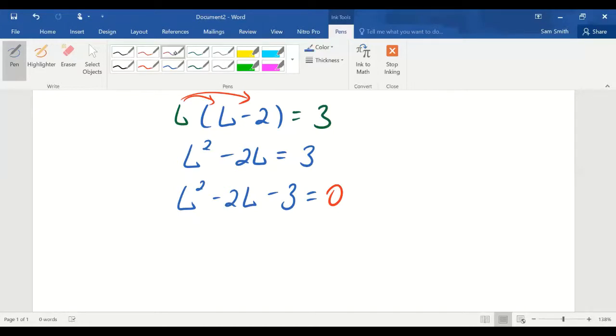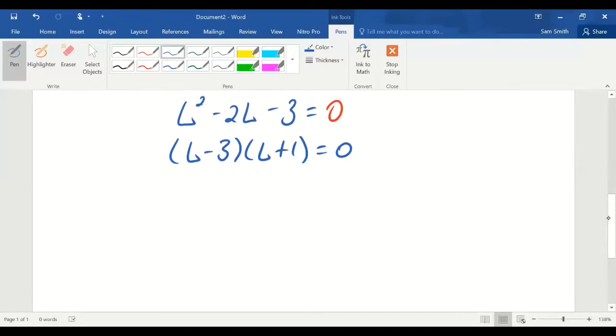So for quadratics, that's always my first move. Now this one, fortunately for us, can be factored. I take -3 and +1, those two numbers multiply to -3 and add up to -2.